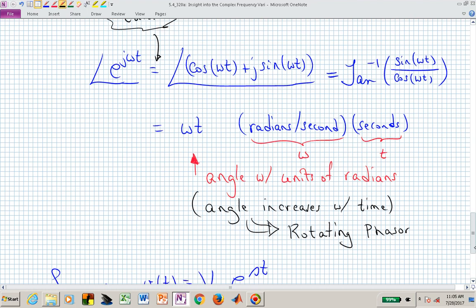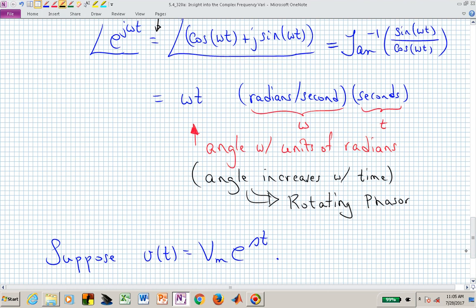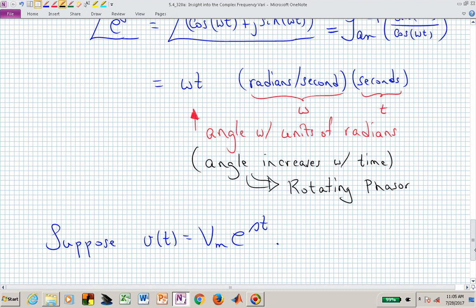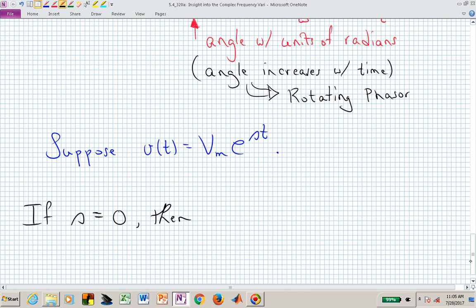So the larger omega is, the faster that term or angle evolves, but it evolves as time marches forward from 0 to infinity. So let's look at what expression we can create.